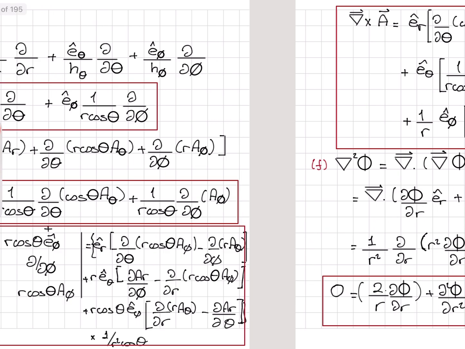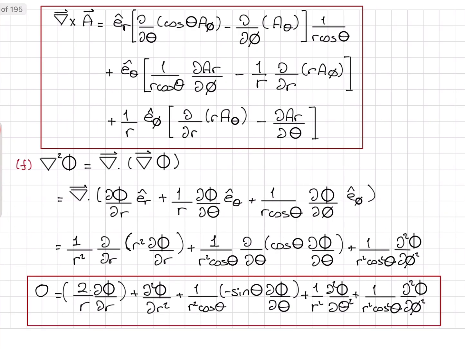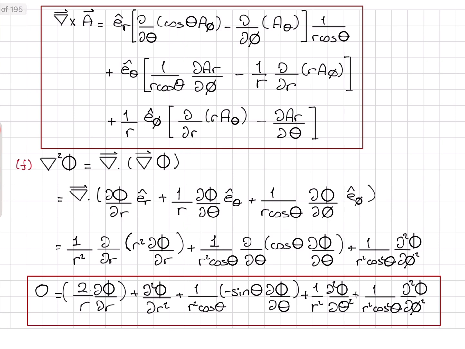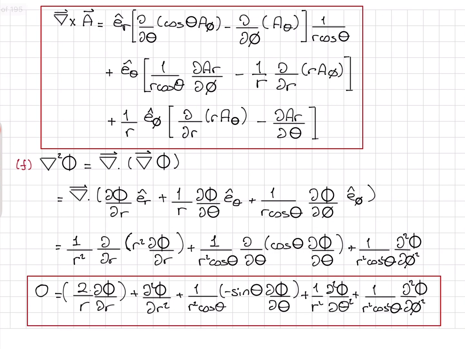Then I take the divergence. Divergence is found in part E, 1 over r squared del del r of r squared times the r component, which is del phi del r. 1 over r cosine theta del del theta of cosine theta A_theta. Now A_theta is this, so 1 over r cosine theta multiplied with 1 over r squared cosine theta del del theta, cosine theta times del phi del theta.